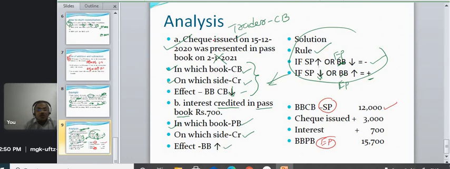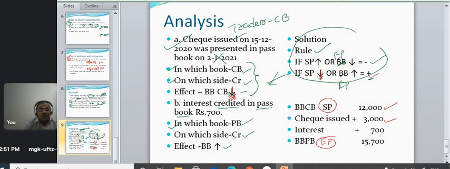First one, check issued. We analyzed already. Once again, I'm repeating. Check issued was entered in cash book on the credit side, so bank balance has come down in the cash book. Cash book is my starting point. Starting point is less. As the starting point is less, what do you have to do? You have to add the reason. So check issued 3000 must be added.